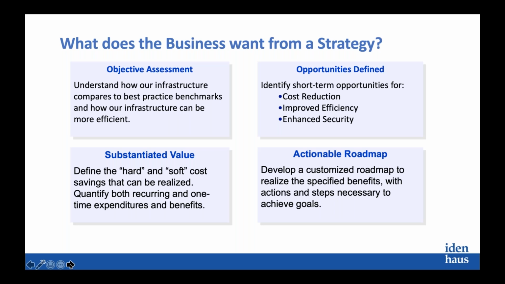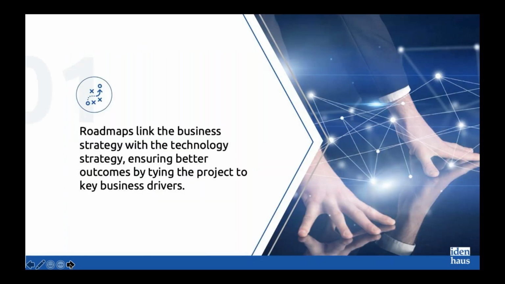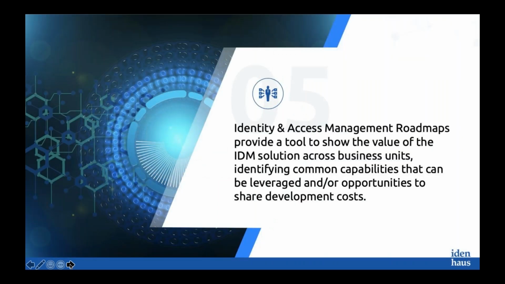A roadmap is a visual representation of your assessment, opportunities, value, and priorities. Each roadmap is tailored to each organization so that the IAM program achieves outcomes aligned to the strategic direction. Your roadmap is a tool. It makes the business case and improves time to value.